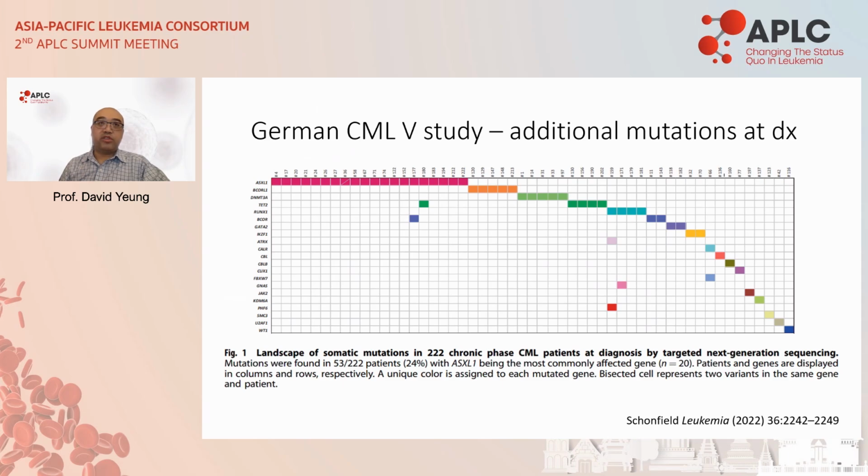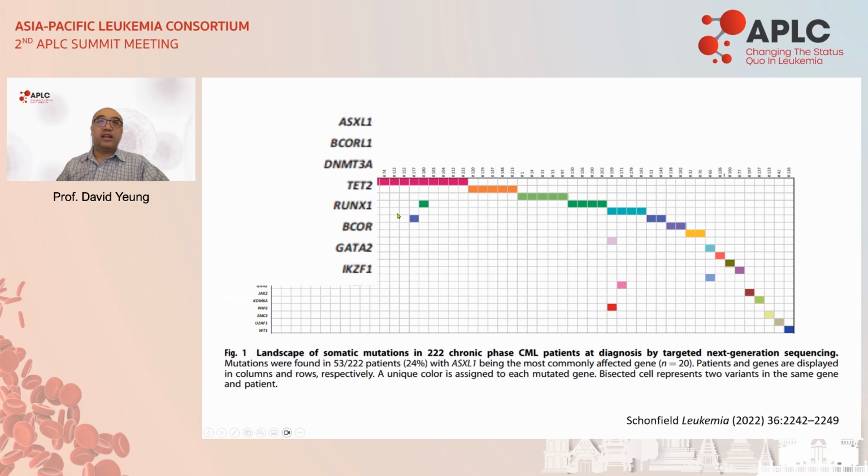This slide comes from the German CML5 or TIGER study, and you'll see that a number of mutations up here are the ones that we would normally associate with myeloid malignancies such as ASXL1, DNMT3A, TET2, RUNX1, etc., of which ASXL1 mutations are the most prevalent if a mutation is detected.